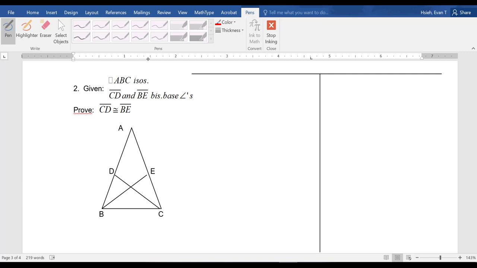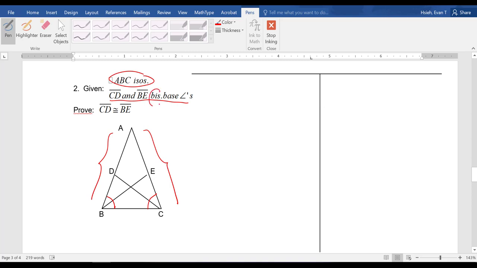The first thing you'll notice is that this is a triangle that's isosceles, and so we know that it has two sides that are congruent to each other as well as the two base angles. The other given here is saying that CD and BE bisect the base angles, so we know that these are the base angles, and because they're base angles we know that those are congruent to each other as well as the two legs are congruent to each other right there.